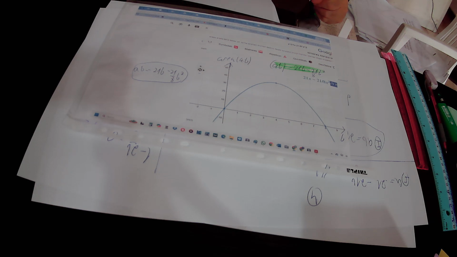So now we'll find out what the value of the area of the rectangle will be when b equals 4.